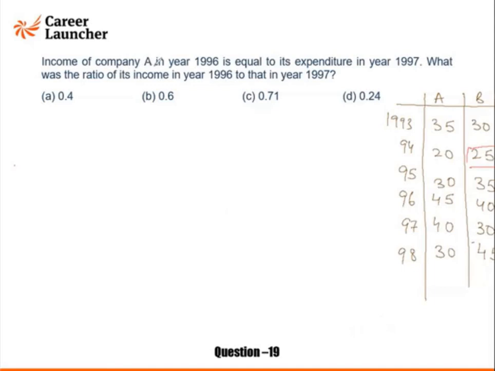If the income of company A in the year 1996 is equal to the expenditure in 1997, so let's say income of 1996 equals expenditure of 1997, and let's assume this as X. So income of 1996 will be X. The income of 1997, we need to find out.